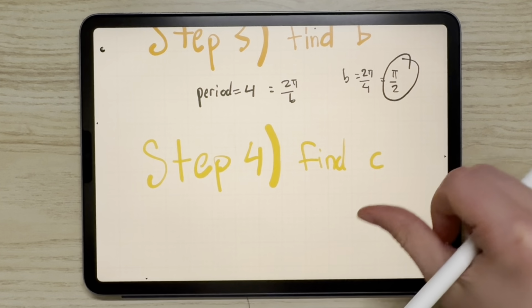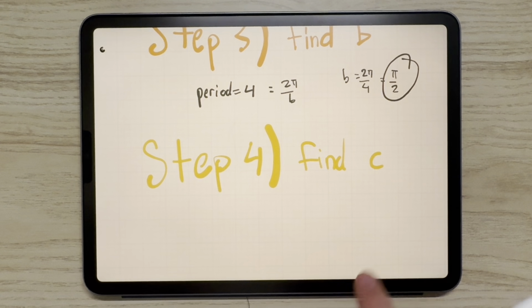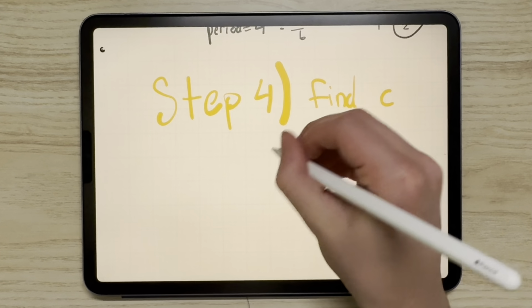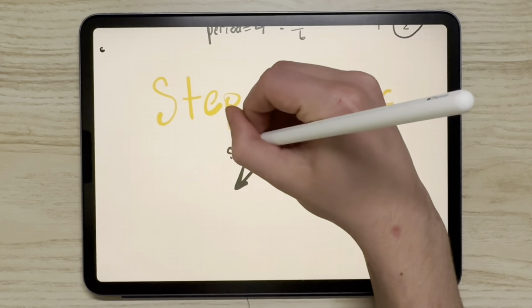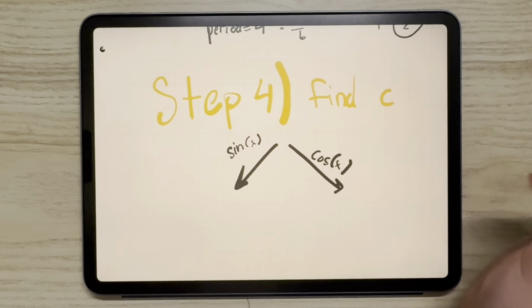Now, our last step is to find c, and I left this for last because it's the trickiest part. The reason why is because this graph can be described using either sine or cosine. So there's two different cases.